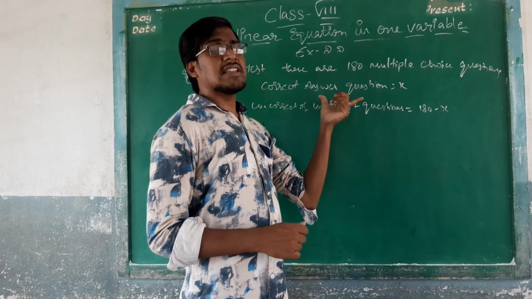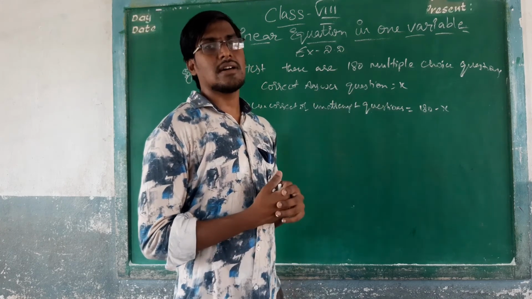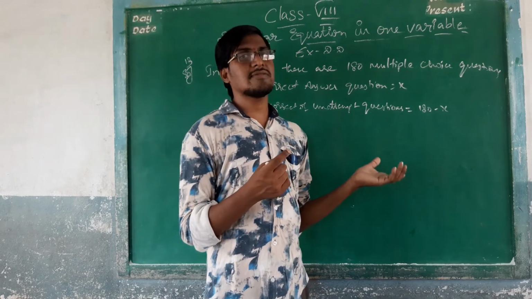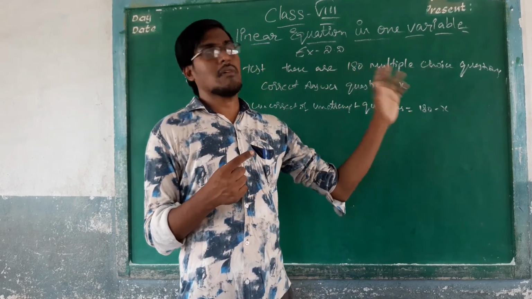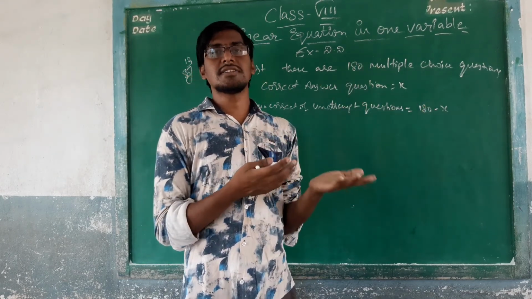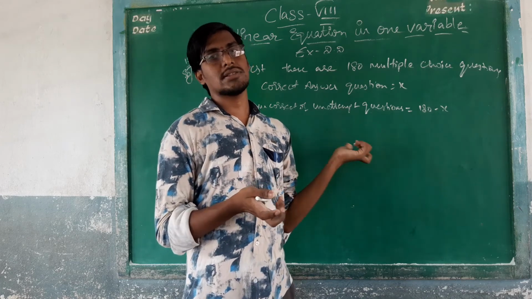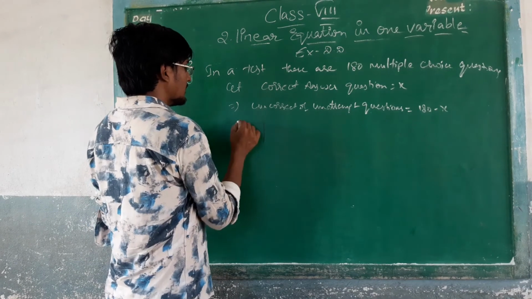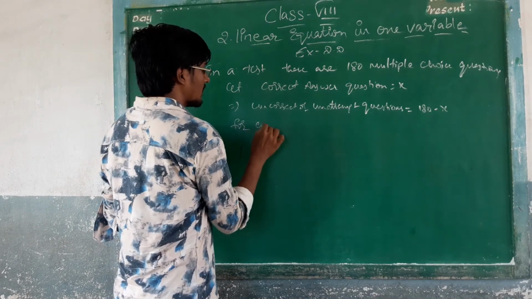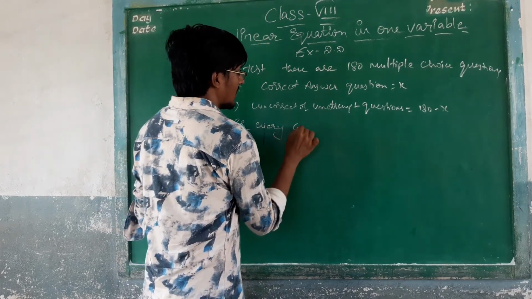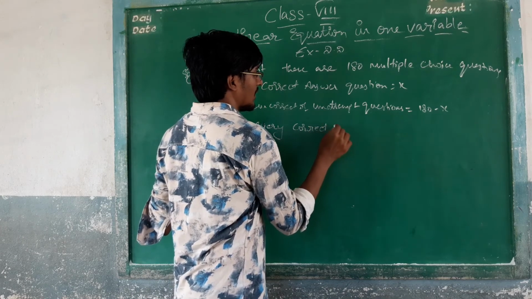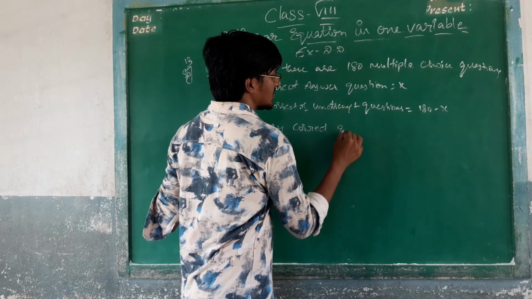If we take the correct answers as x, then the incorrect or remaining questions will be 180 minus x. From 180 we subtract the correct answers, and we get the incorrect questions.